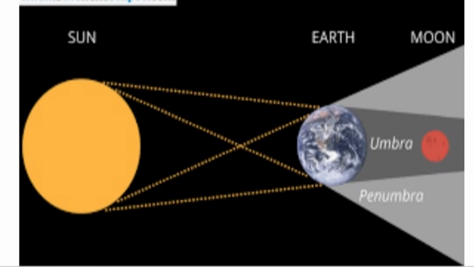This can occur only when the sun, earth and moon are exactly or very closely aligned, with earth between the other two, and only on the night of a full moon.